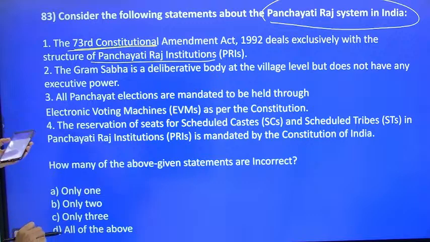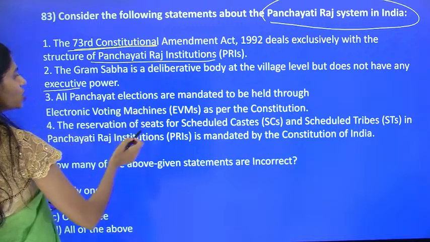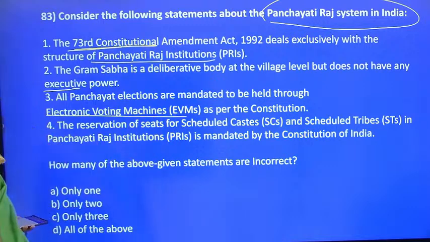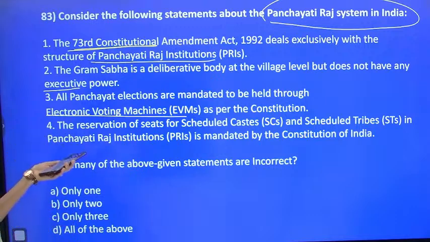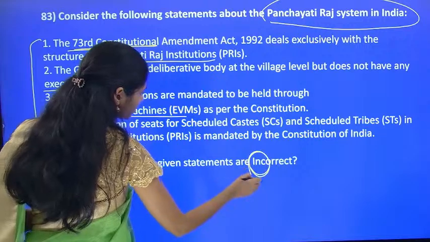And next one is the Gram Sabha is a deliberative body at village level but does not have any executive power. And all Panchayat elections are mandated to be held through EVMs, electronic voting machines, as per constitution. And next one is the reservation of seats for scheduled caste and scheduled tribe in Panchayat institutions is mandated by Constitution of India. Okay, so out of these 4 statements you have to identify which are incorrect.